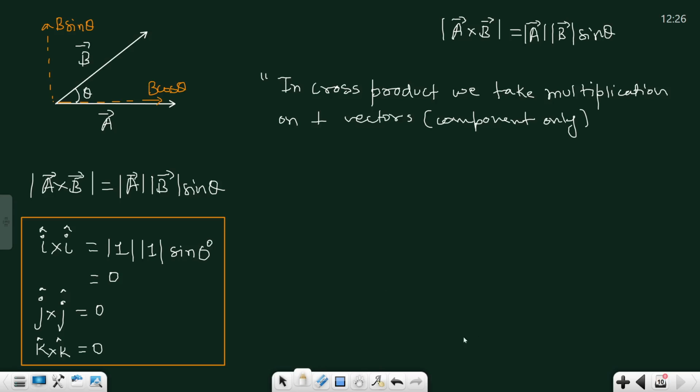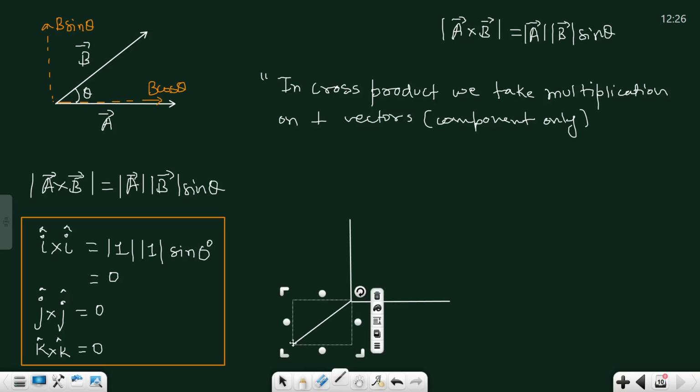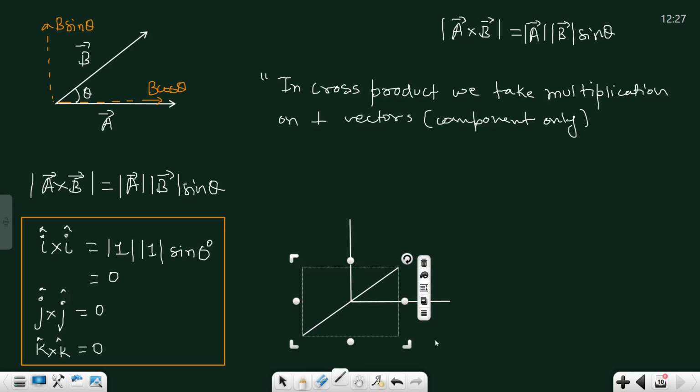I'm just writing it down here. Just note it down. I'm drawing the axis. Look carefully. This one is J, this one is I, this one is K. If you extend this line, you will get minus K in the back direction, minus I in the back direction, minus J in this back direction.